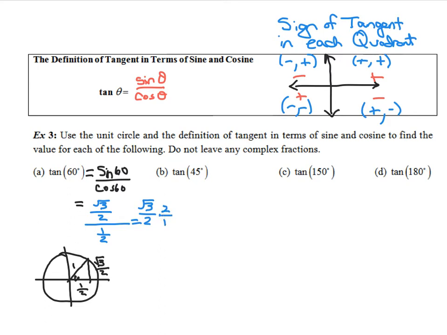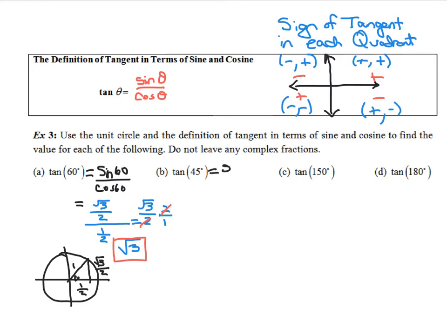You'll notice that the 2's cancel, and my answer for the tangent of 60 is going to be radical 3. So there we go with our value. Notice it is irrational.